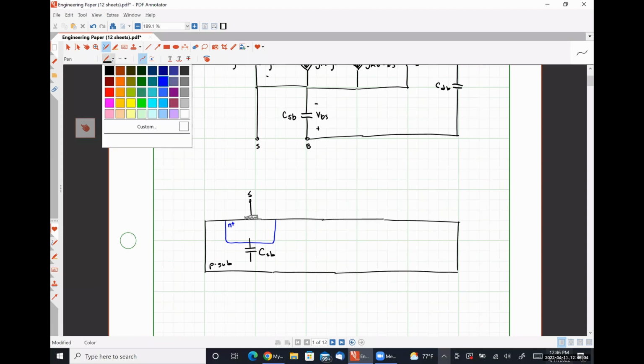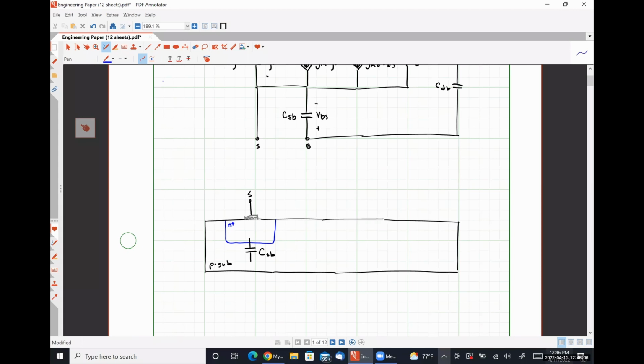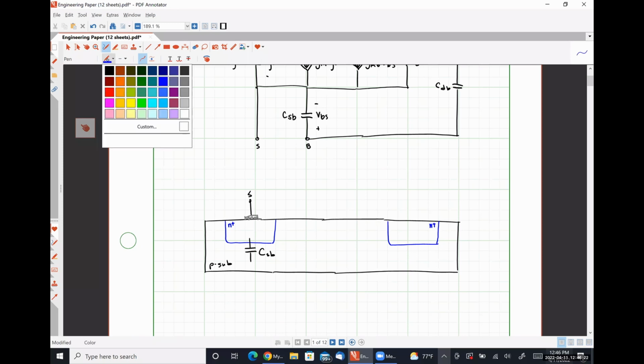On the opposite side of the transistor, we're going to have a similar configuration. This is our drain terminal. It's also N+ doped.